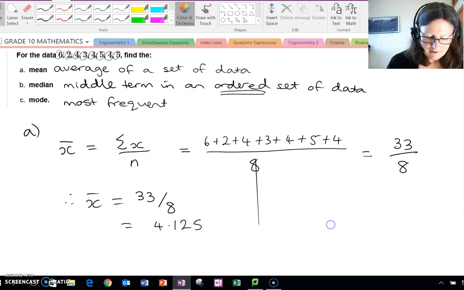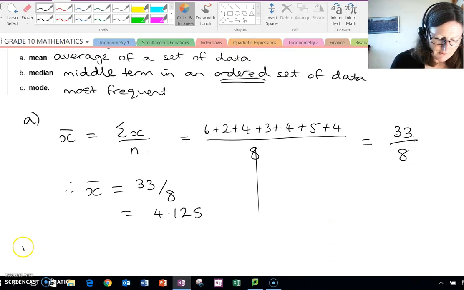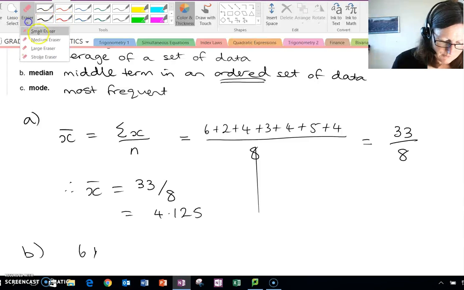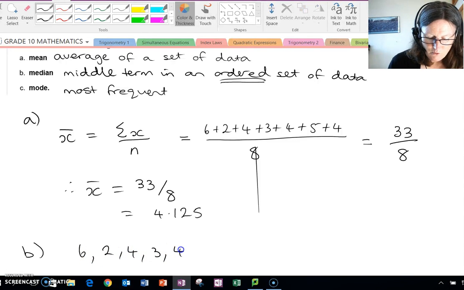The median is the middle term in an ordered set of data. So I'm going to write my scores down again. 6, 2, 4, 3, 4, 5, 4.